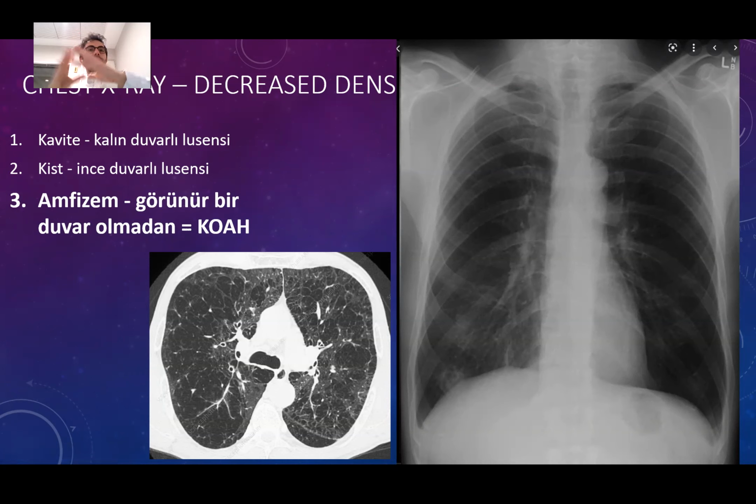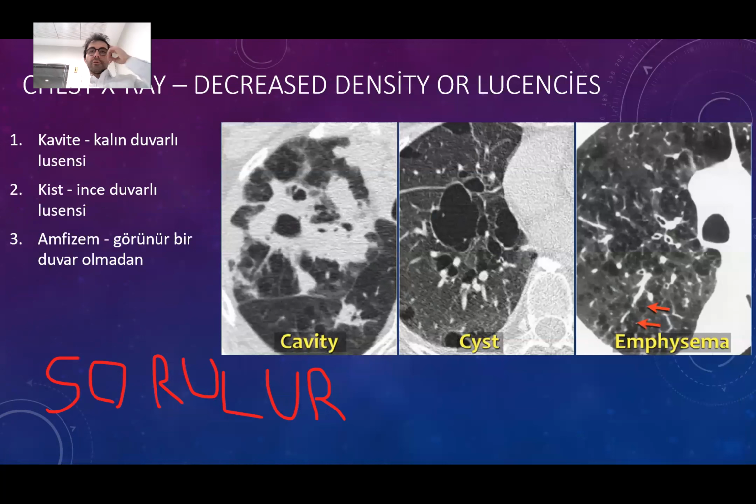It has no wall whatsoever. It's usually not very loculated, but especially in older people, it's pretty much diffuse, mostly on the top sides, but on the bottom sides as well. So chronic obstructive lung disease should always be on your mind. It's a very common disease, as you know.